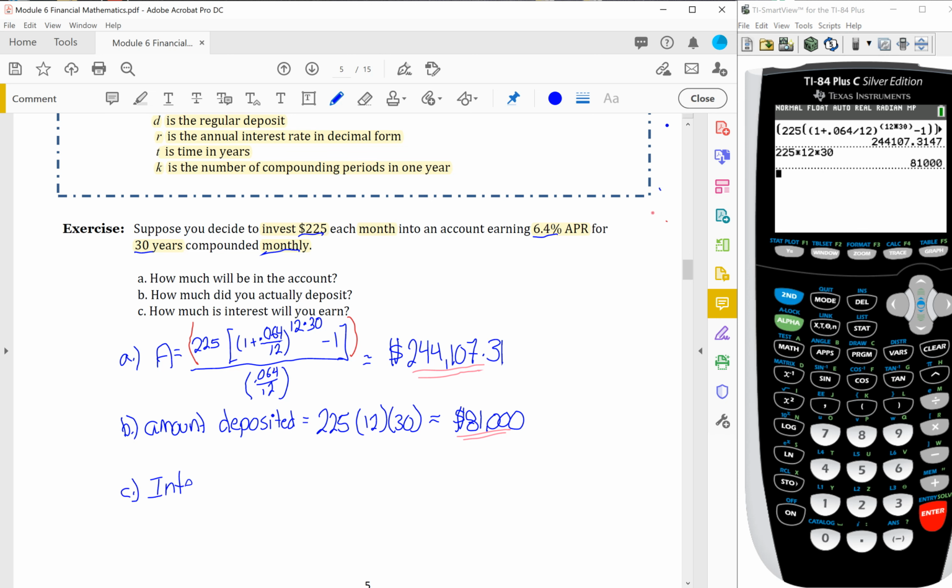So here, let's put interest gained. Well, we had in the account $244,107.31 minus the $81,000 that we actually deposited.